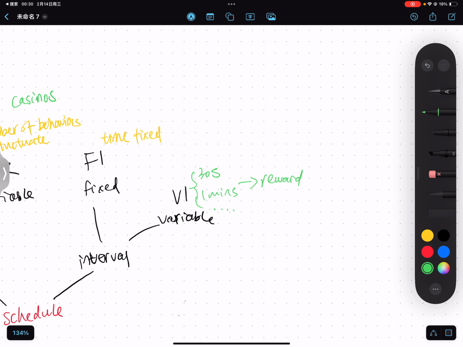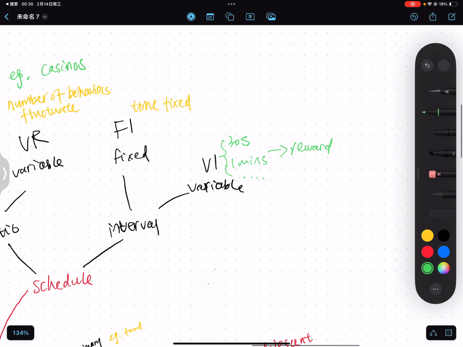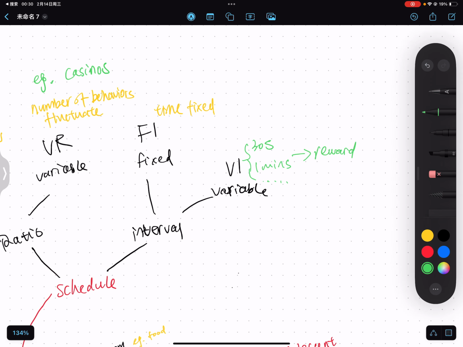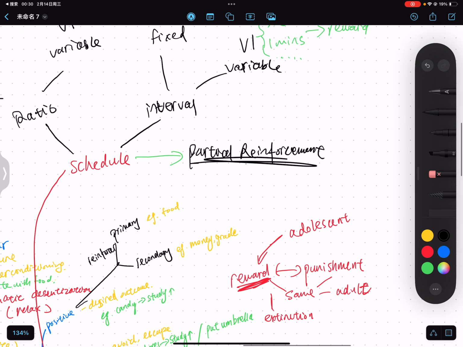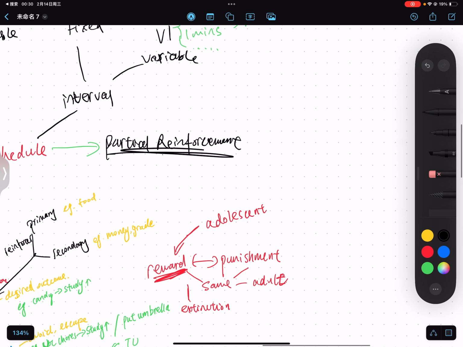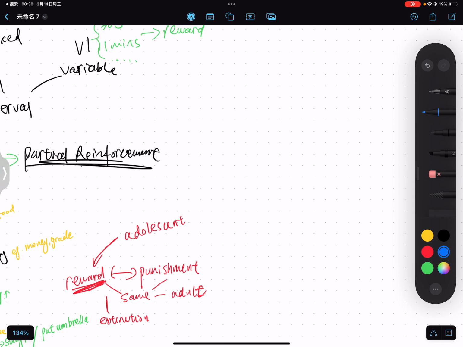Except for these four, the partial reinforcement effect in extinction has an important influence. There are two things I need to mention. First, continuous reinforcement is more obvious.